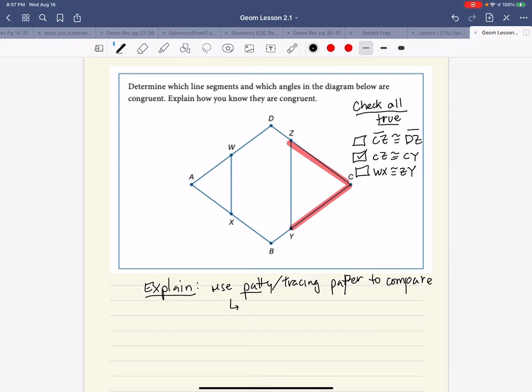Now that you know that, let me list some other ones that could be correct. I see here that AW looks to be the same length as AX, right? BY is the same length as DZ. We notice these lengths look the same, and we confirm that with our patty paper.